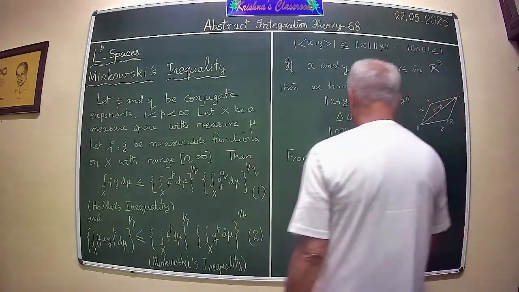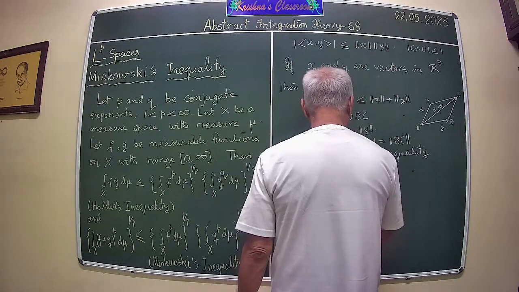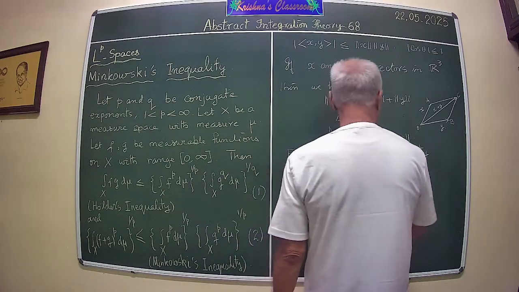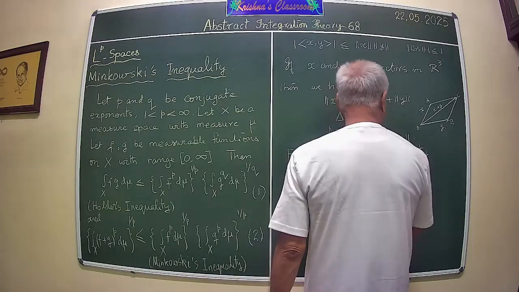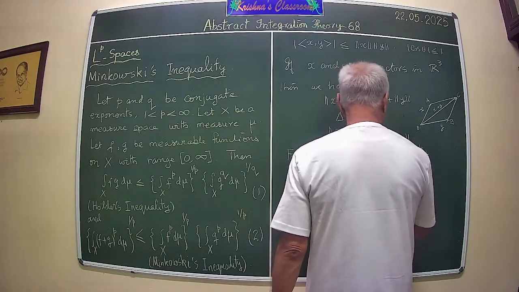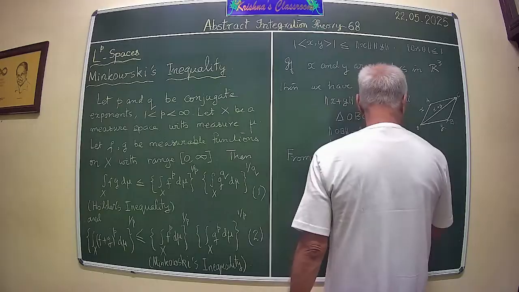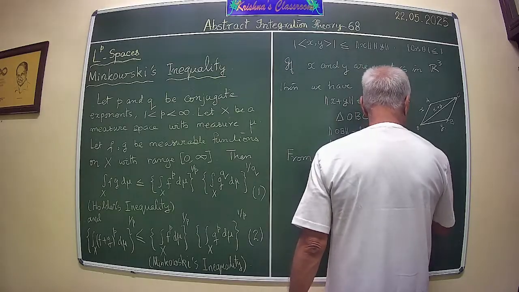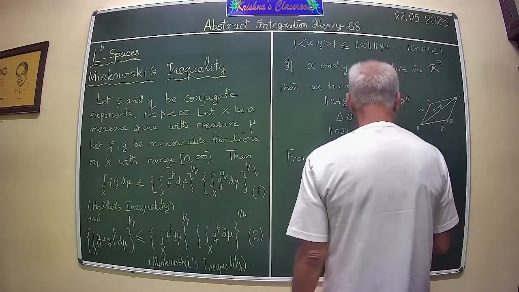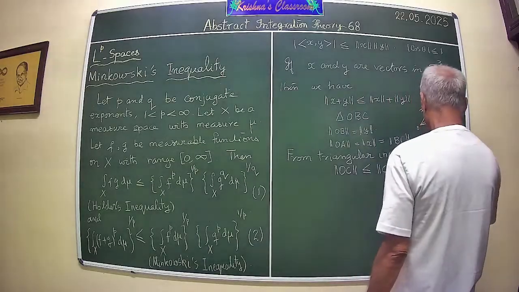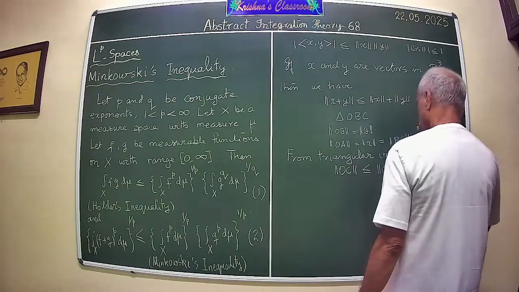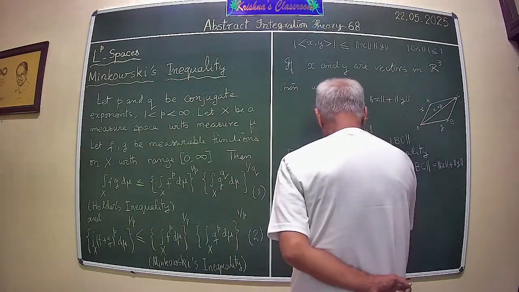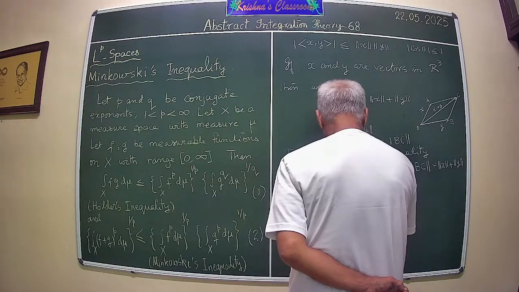the length of OC is less than or equal to the length of OB plus the length of BC, which is equal to, so we have this relation that the length of x plus y is at most the length of x plus the length of y.